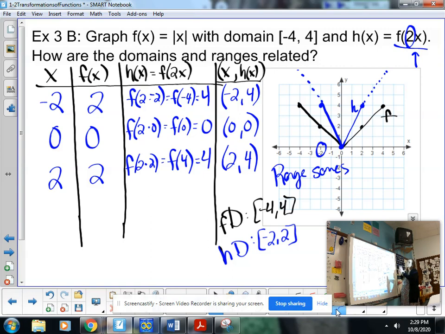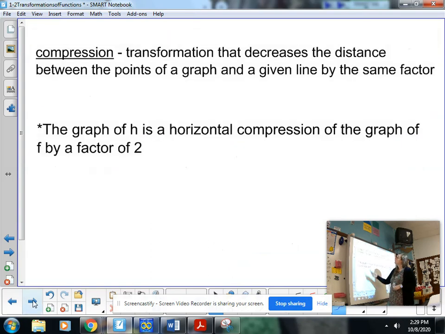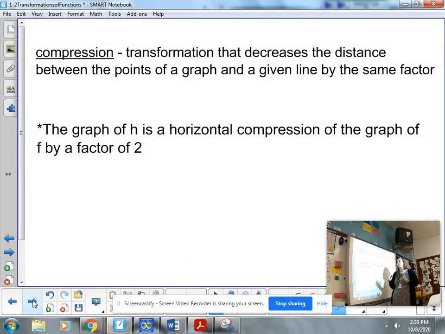Imagine if you were squeezing in from the sides, you would get the same result as if you were pulling up and down, but the force is acting in a different direction. Compression decreases the distance between the points. This graph was a horizontal compression by a factor of 2. It's going to look the same as a vertical stretch, but that force is acting in a different way.